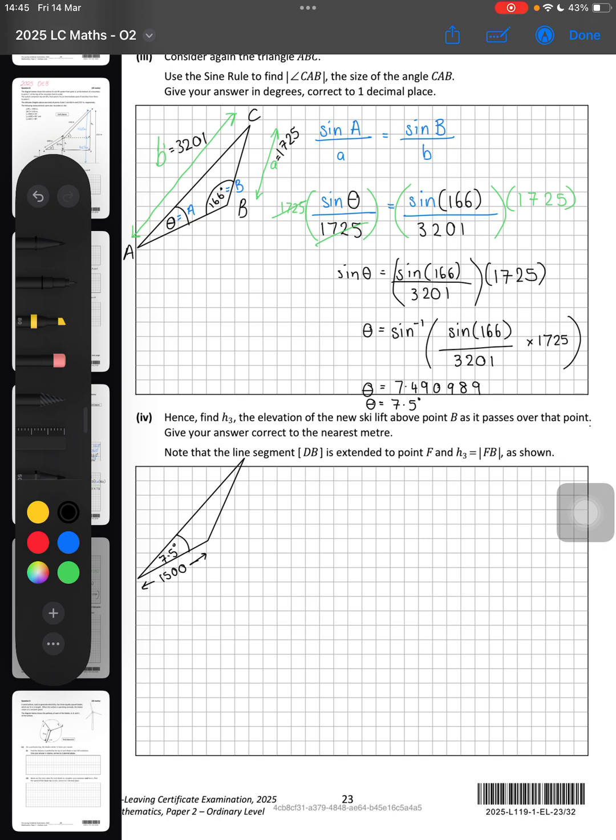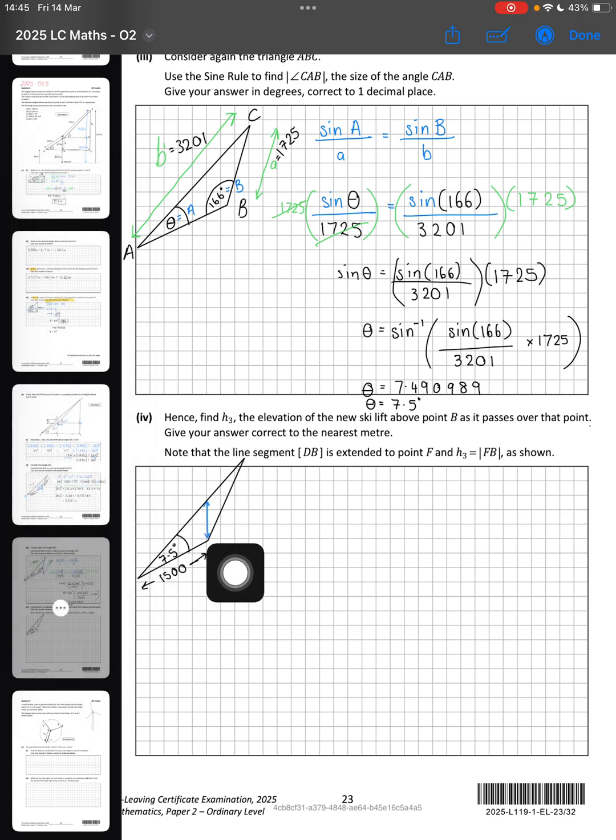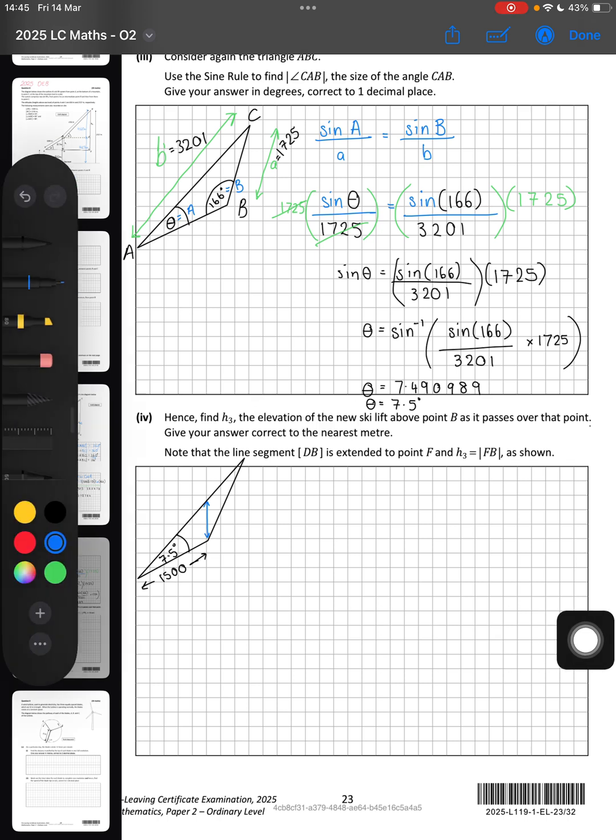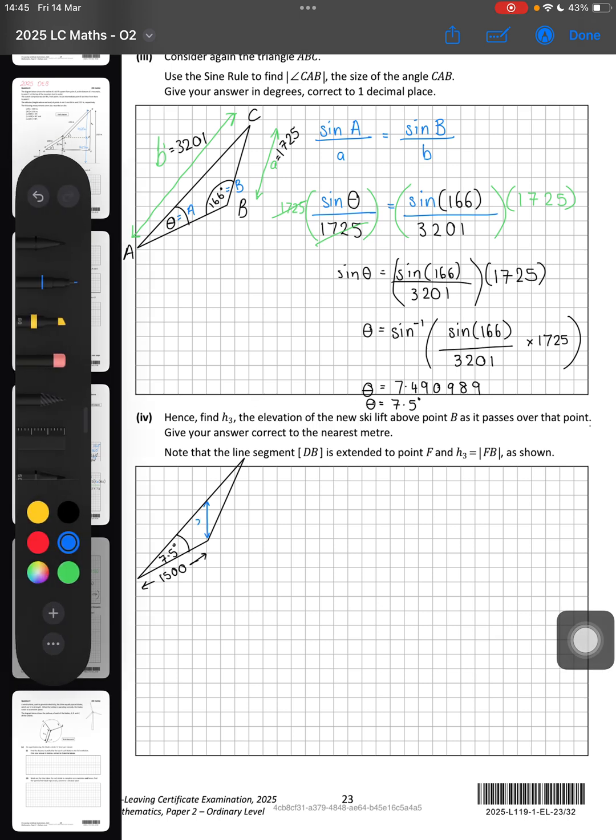Okay, what they want here is, what is the elevation over this point B? So how far up above that does this new lift go? They want me to be looking at this distance here.